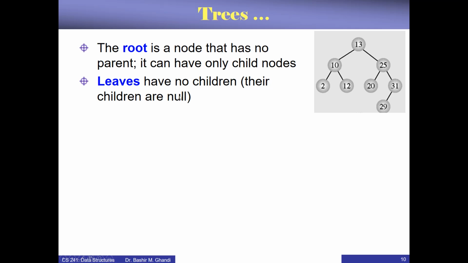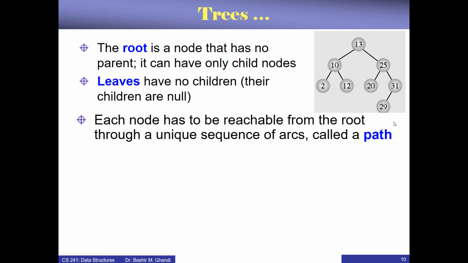So leaves are nodes that do not have children. They are at the bottom. For example, this node 2, 12, 20 and 29 are all examples of leaves. We do not mention it in the slide, but the nodes that are neither root or leaves are sometimes called internal nodes. So we have root, internal nodes and leaves.